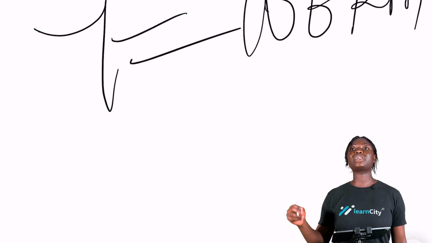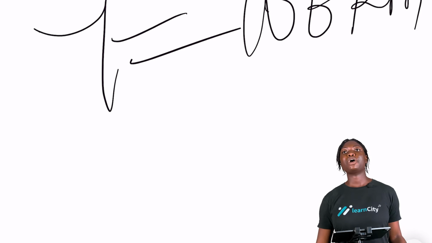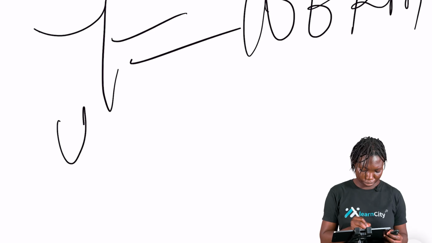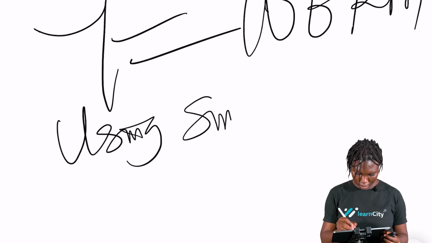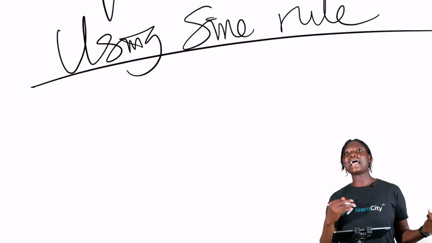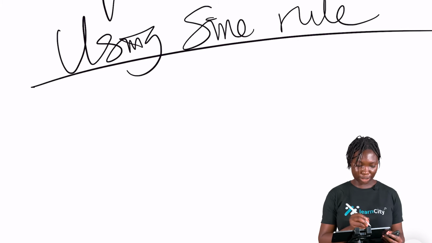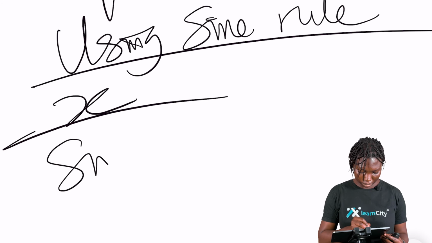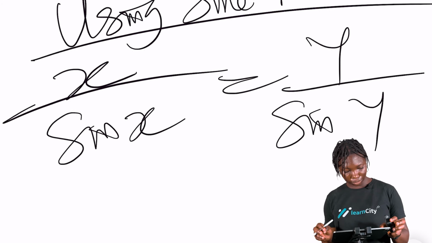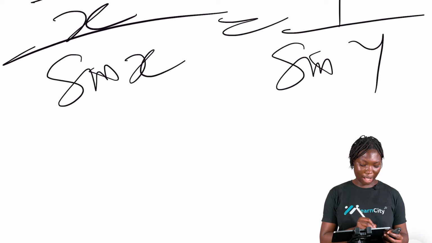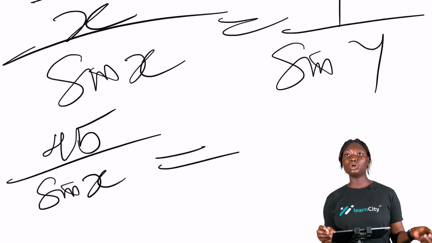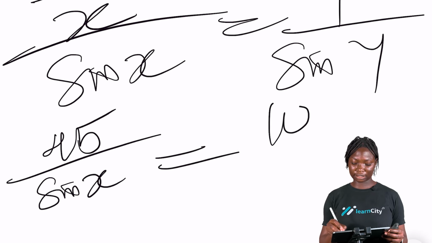Now, for the bearing of the aircraft from the airstrip, we use the sine rule. Using the sine rule, we have x over sine x equals y over sine y. So we have 45 over sine x equals 103 over sine 156.